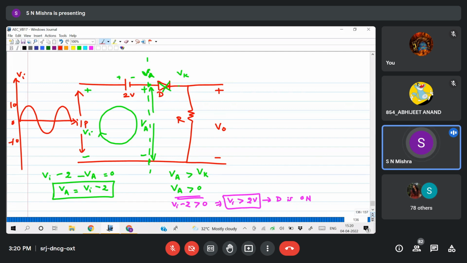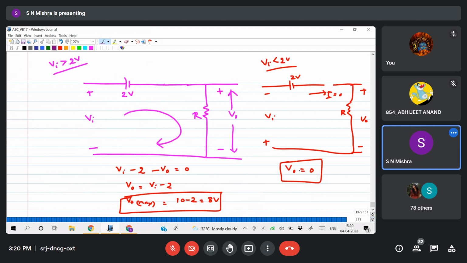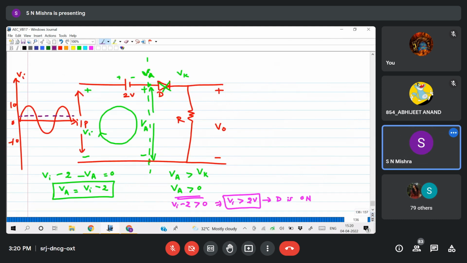So how will you draw? First you take the line at 2 volt, because 2 volt is my condition. Whenever the input voltage is less than 2, the output voltage is 0. Up to this point the output is 0.